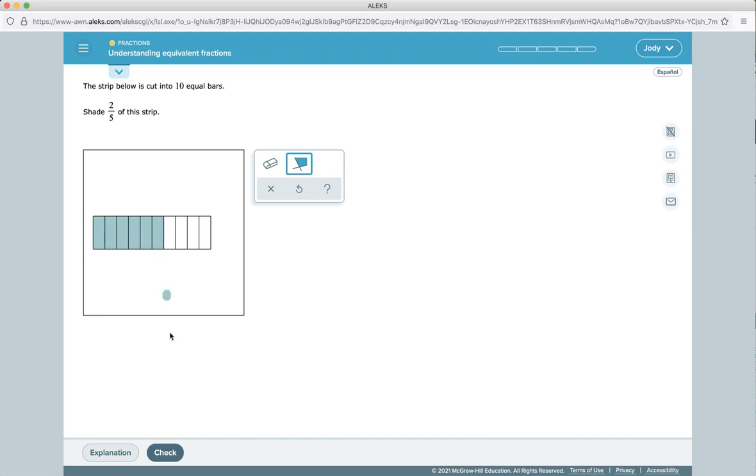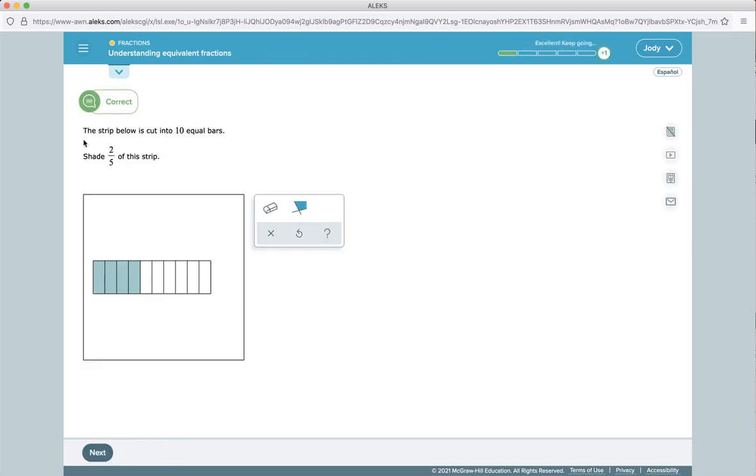This would be 3/5, 2 more, 4/5, and 5/5, which would be the whole entire thing. Now I'm going to erase all of these extra ones because I only want 2/5. And so this is shading 2/5 of the strip. We can click check, and we are correct.